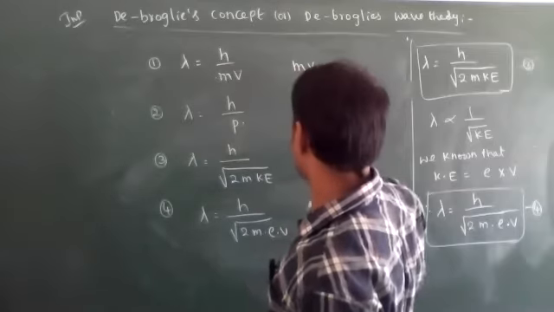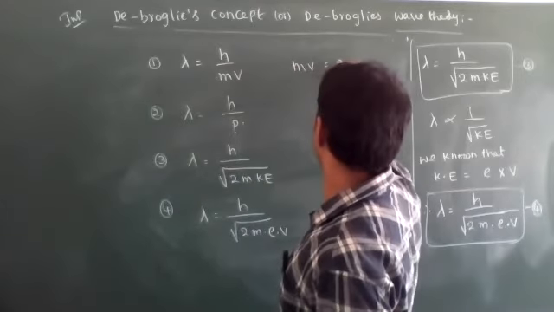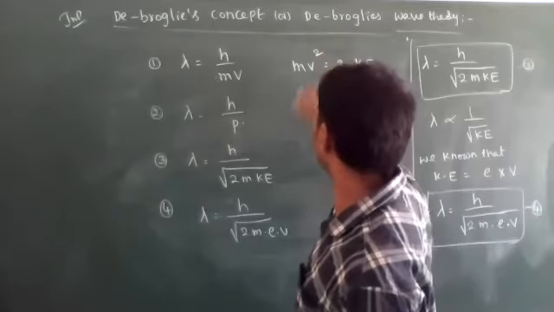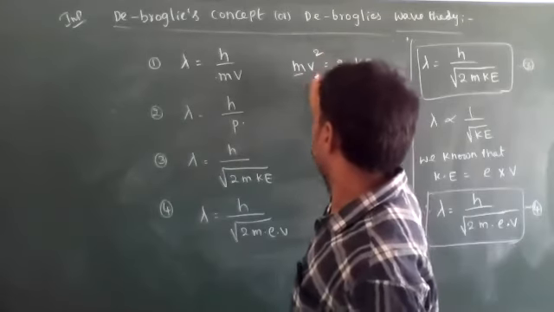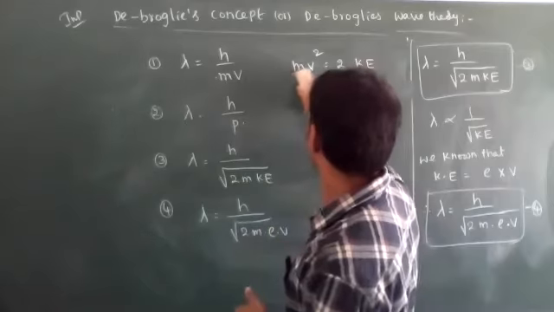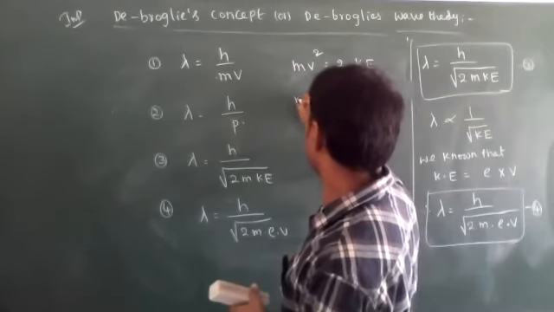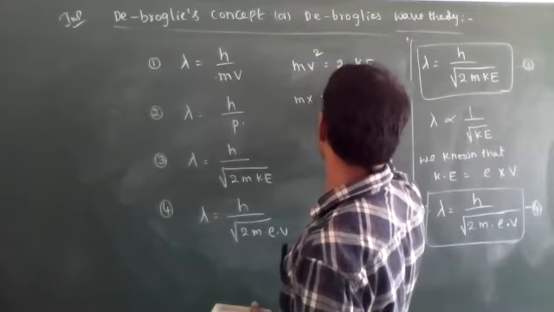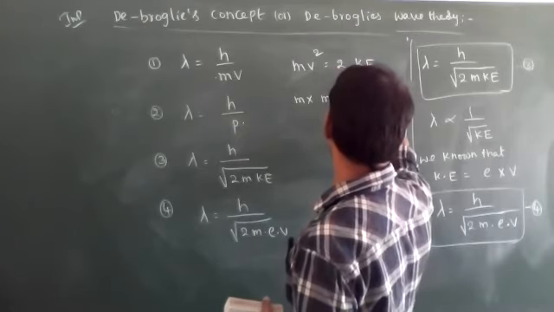mv is equals to root of 2 into ke. I said mv square. What I did, this side m I did, and mv square is equals to 2 into m into ke.